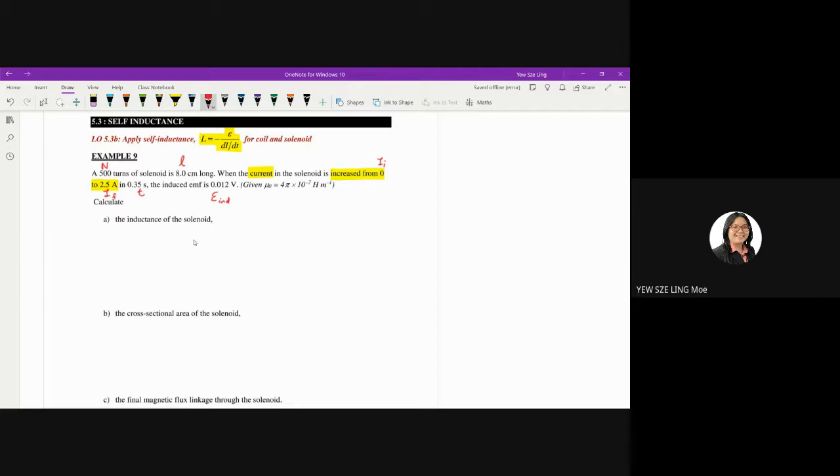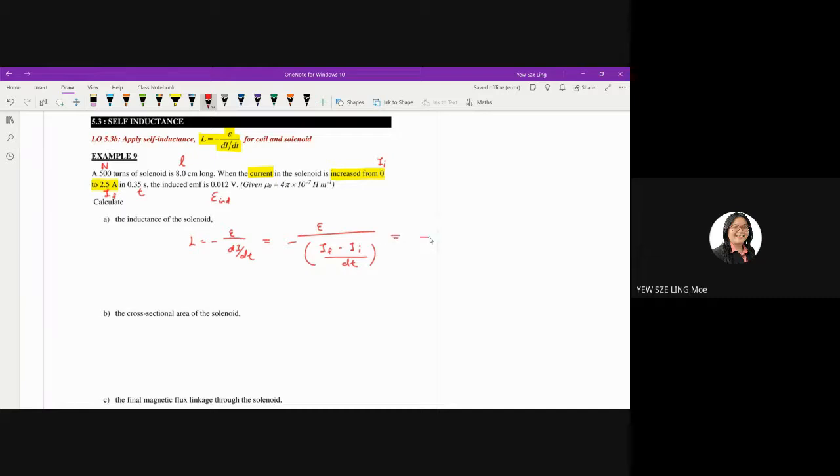Well, we have the equation L equals negative EMF over di over dt. If you expand this equation, it is equal to negative EMF over I final minus I initial over dt, right?